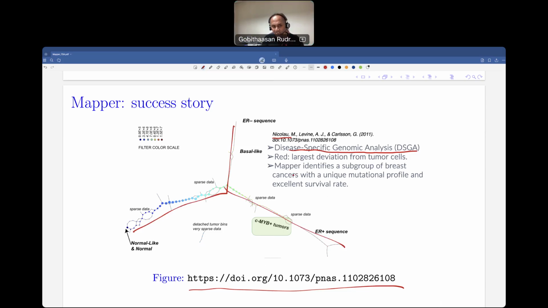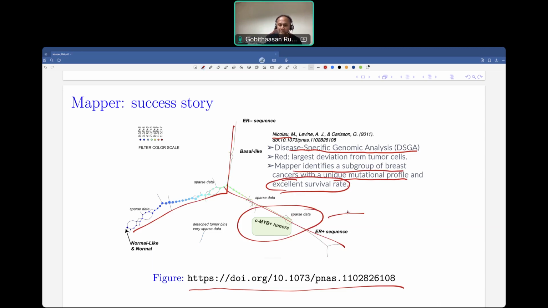What Mapper did is that Mapper identified a subgroup of breast cancer with a unique mutational profile and an excellent survival rate. This is the new flare here. Previously, the biologists did not find this; they assumed there are only two types.